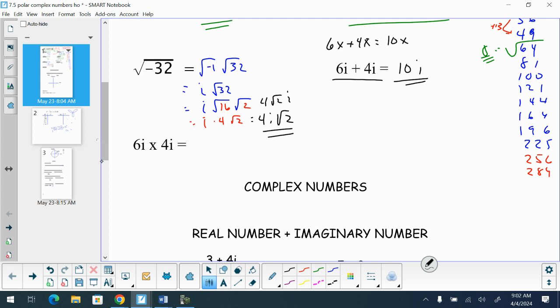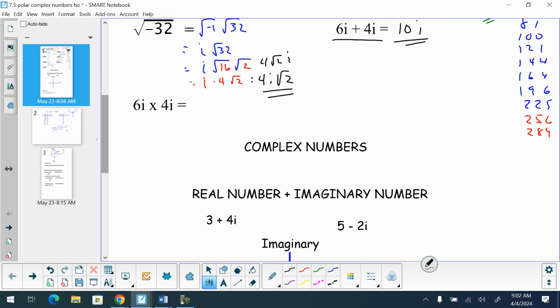Well, if I have 6i times 4i, well, if I have 6x times 4x, what would that equal? Jocelyn? 24x squared. So if I have 6i times 4i, what would we come up with? 24i squared. Now we take a look at this i squared.